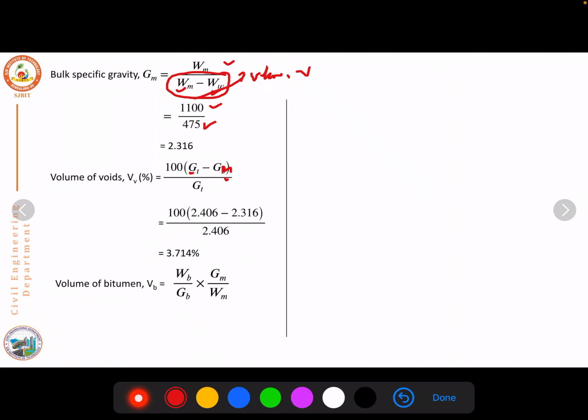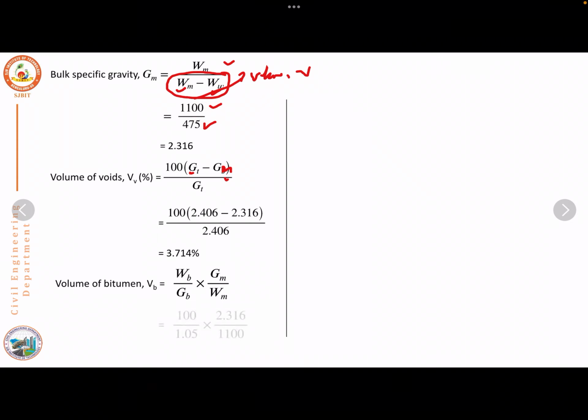The next step: we have found the total volume, and in that volume we have to find the volume of bitumen alone and the volume filled with the mineral aggregates. The volume of bitumen VB can be found as the ratio of W by GB, the weight and specific gravity of the bitumen alone, multiplied by GM divided by WM, where GM and WM are the bulk specific gravity and weight of the bituminous mix.